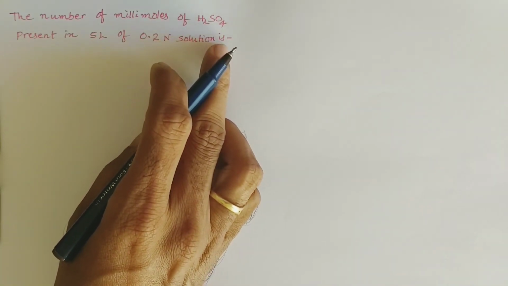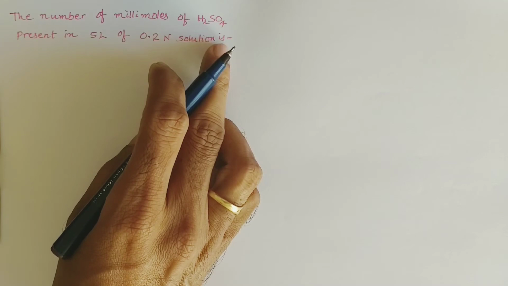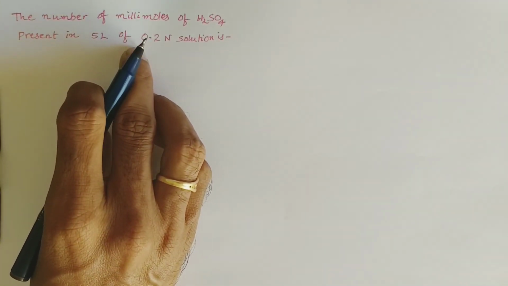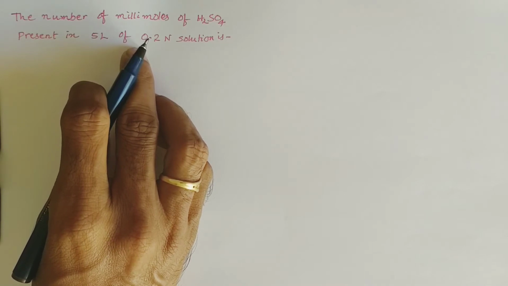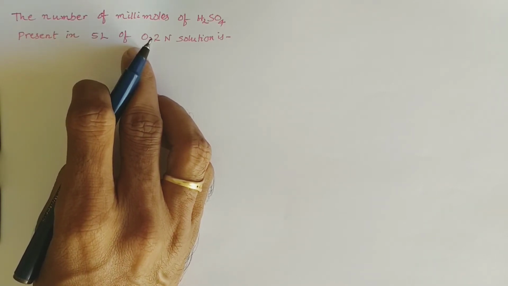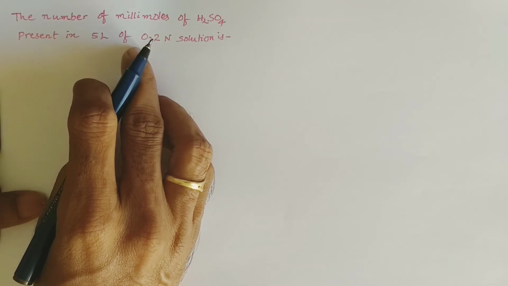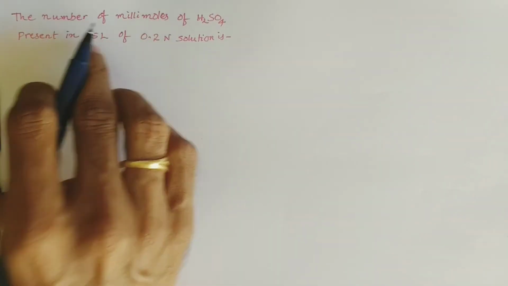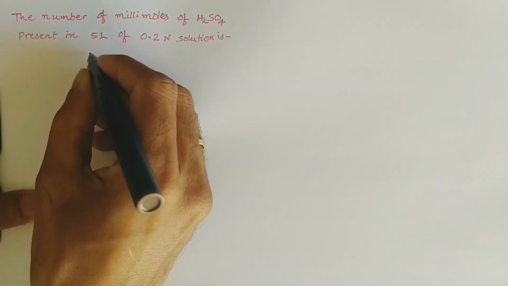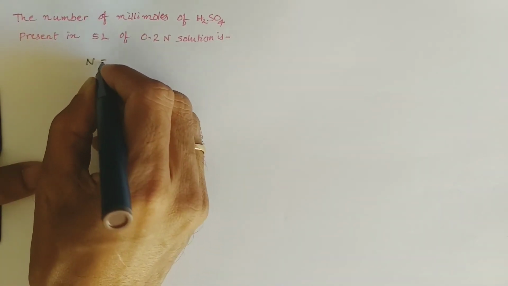solution is. So here number of millimoles are asked. So we have to find out the number of equivalents first, from which we can calculate the number of millimoles, right? So here normality is given, volume is given, from which we can calculate the number of equivalents. So we know the formula of normality.